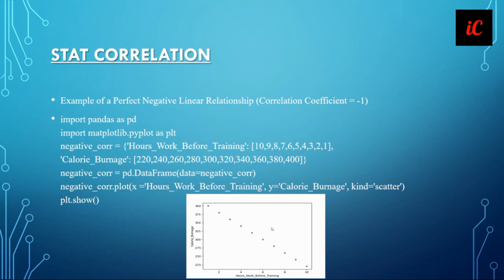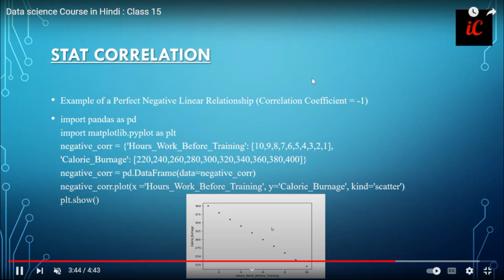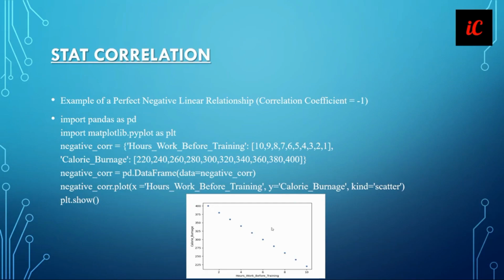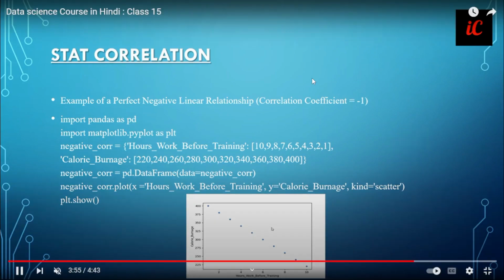If we work longer hours, we tend to have a lower calorie burnage because we are exhausted before the training session. So the correlation coefficient here is -1. I hope you understood. This is the correlation equal to -1.